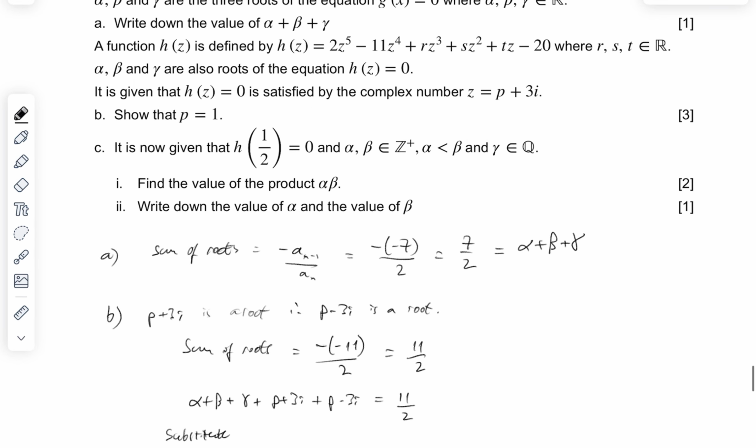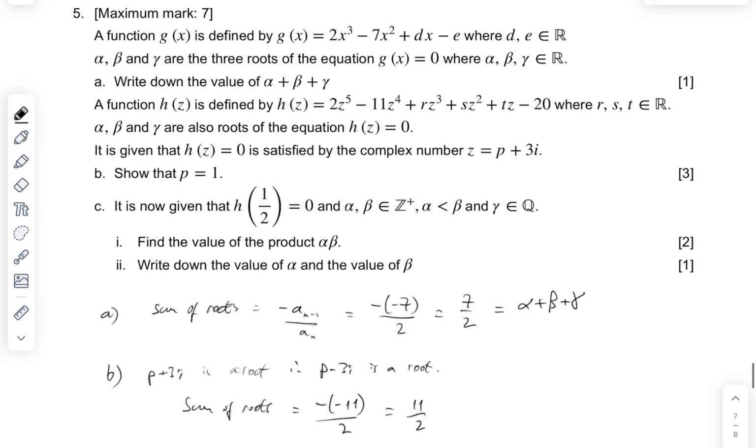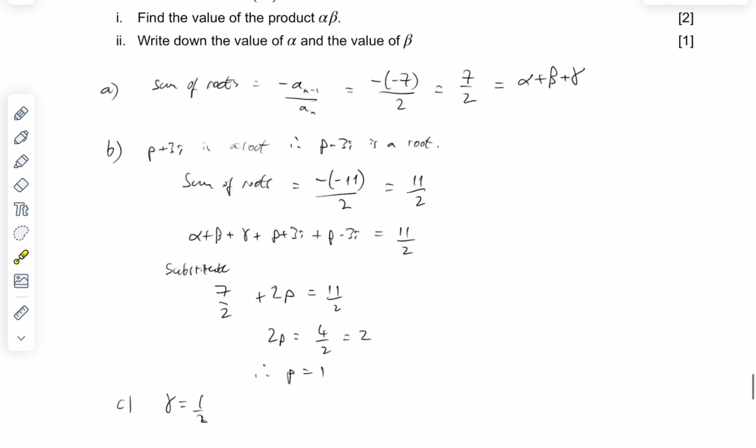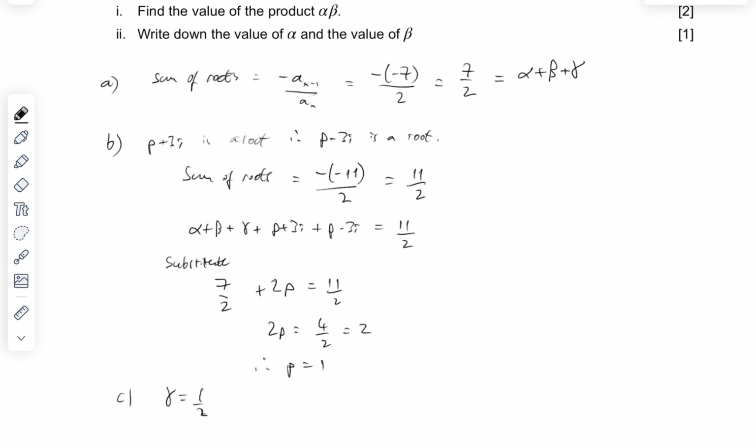We can't use the first equation. We can do the product of roots here. Because we want alpha beta, it's a product, so product of roots.